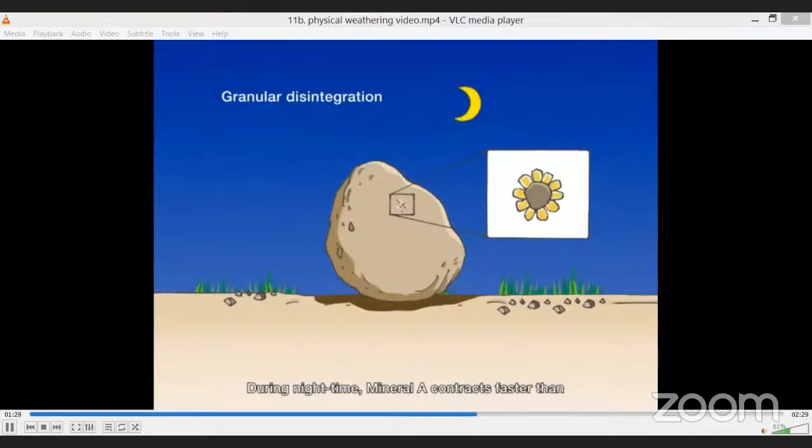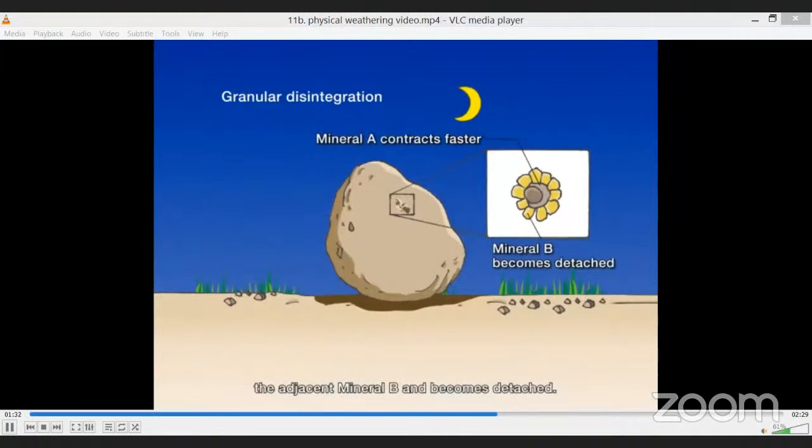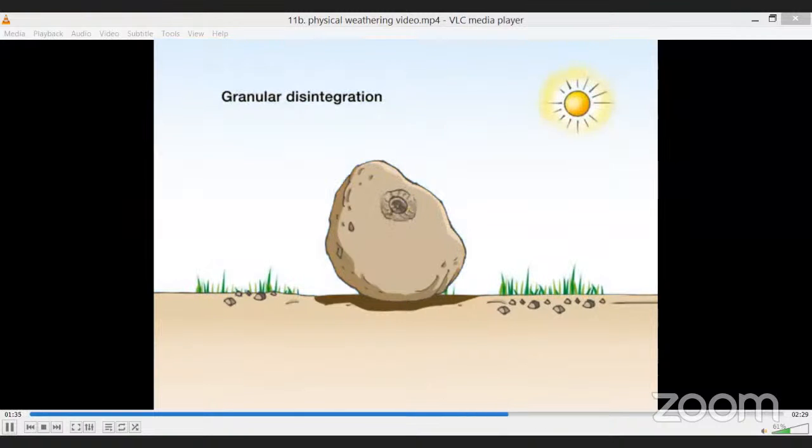During nighttime, mineral A contracts faster than the adjacent mineral B and becomes detached. Repeated expansion and contraction causes all mineral grains to loosen and detach. Rocks break off into grains. In time, rocks disintegrate into small pieces.